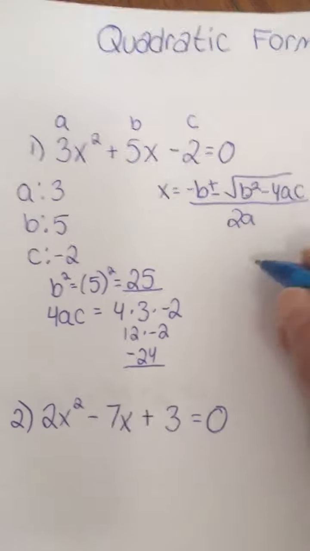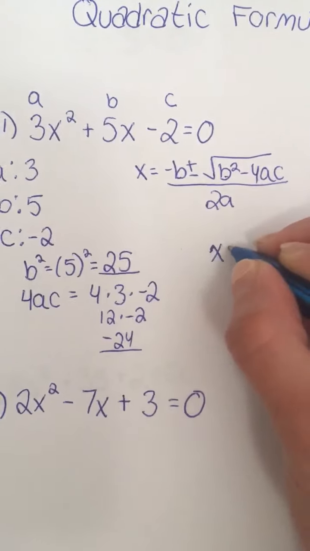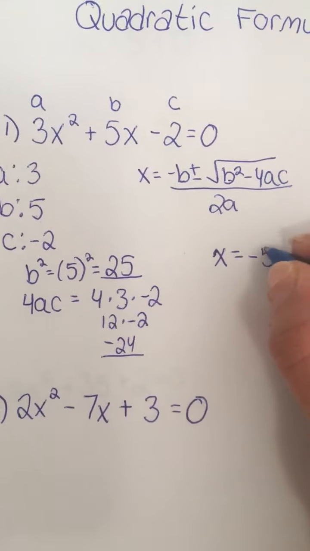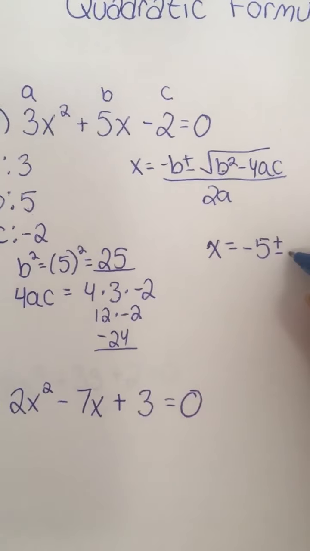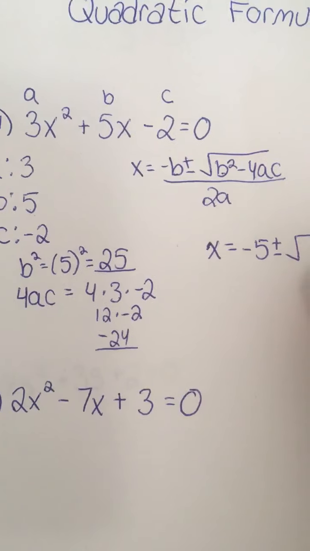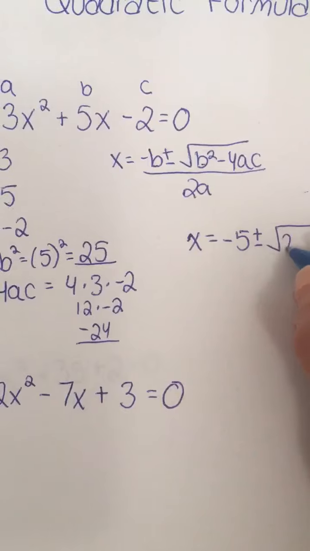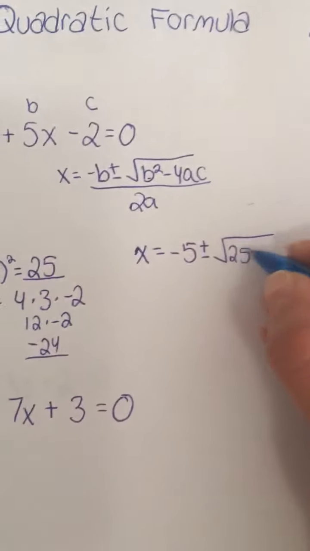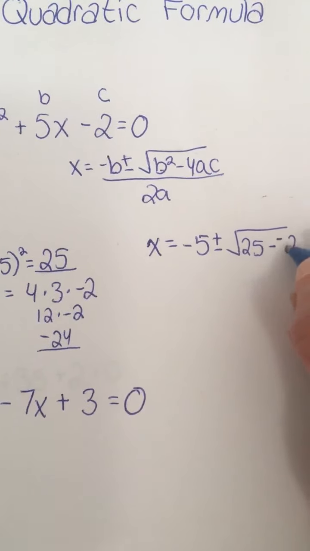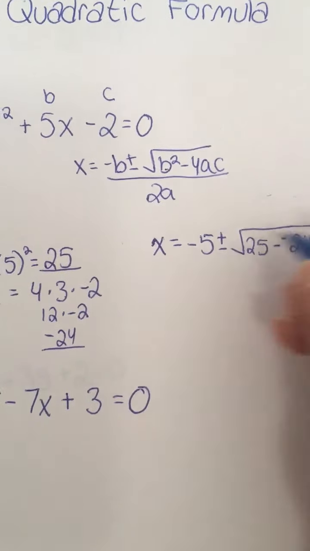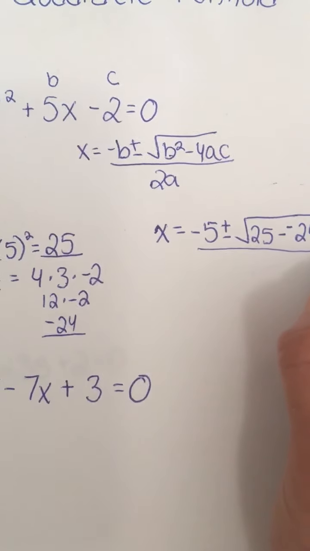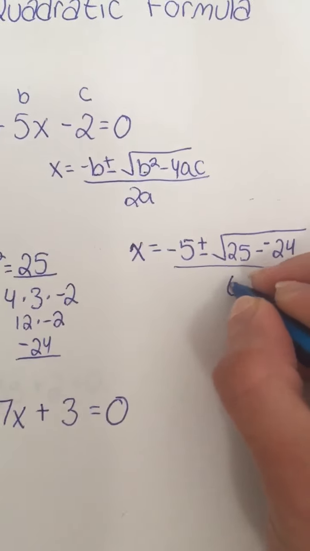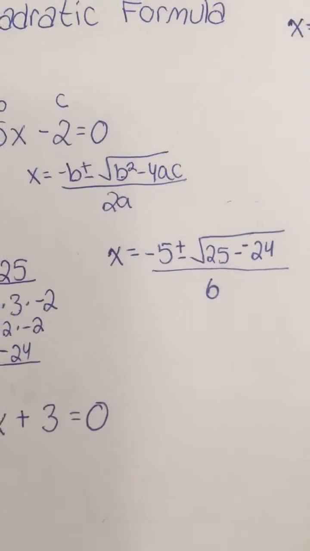So we have x equals negative b, so that would be negative 5, plus and minus the square root of b squared, which we found is 25, take away 4ac. So now it's minus negative 24 in the square root, and then over 2 times a. So 2 times 3 is 6. And then we can just keep going and simplifying.